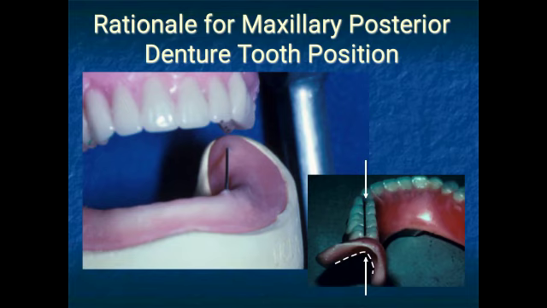Relationship of the maxillary posterior denture tooth position or mandibular posterior tooth position, have to check. Intraorally, retromolar pad area: the height of the mandibular plane should usually be placed at the level of the junction between the anterior 2/3 and posterior 1/3 of the retromolar pad area.